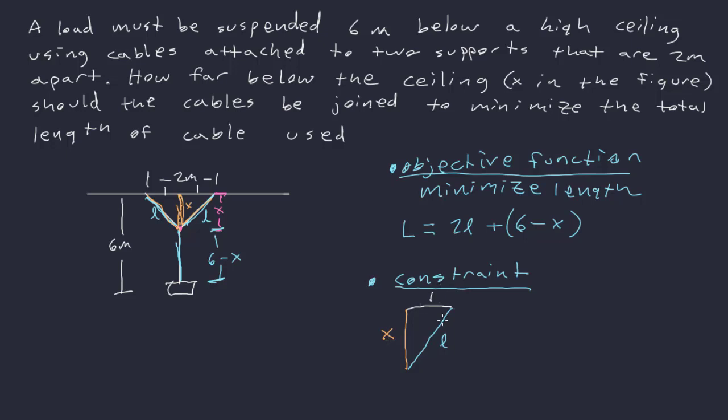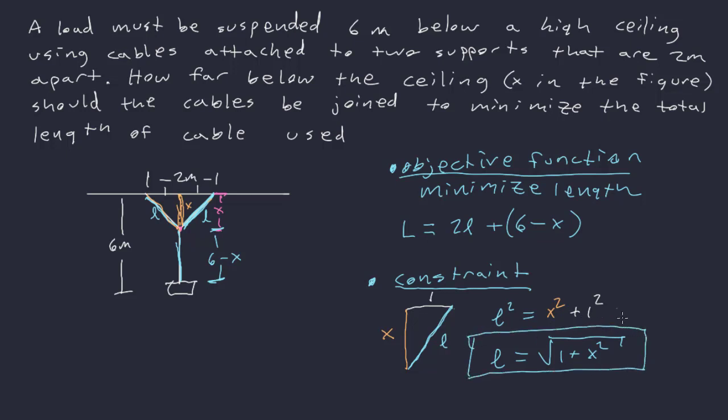So we have an X by 1 by L. That means L is the hypotenuse of both of these triangles, and we have 2 of them. So L squared is going to equal X squared plus 1 squared. That means L is going to be the square root of 1 plus X squared.